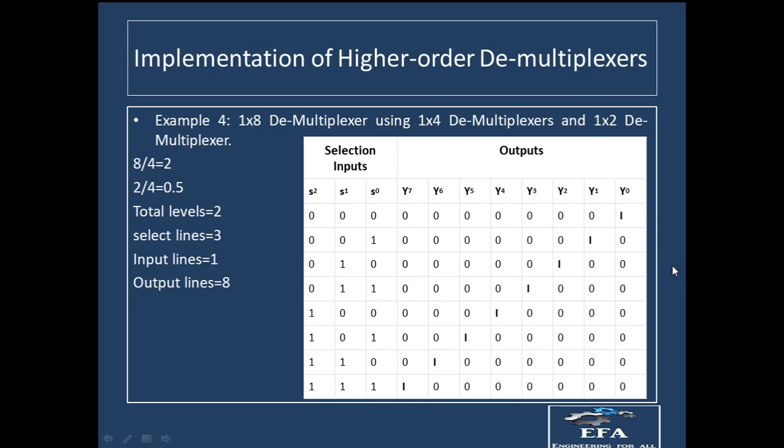The expression for Y0 will be S2 complement, S1 complement, S0 complement, multiplied by I, the input, equal to Y0. Then Y1 will be equal to I into S2 complement, S1 complement, into S0. In a similar way we can get the values of Y7, Y6, Y5, Y4, Y3 and so on.